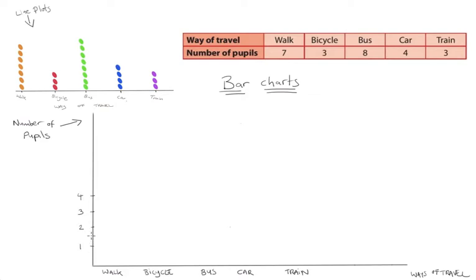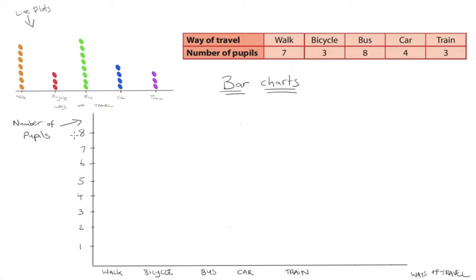Again, if you have graph paper, you'll be able to do it really neatly, but space them out a bit. So 1, 2, 3, 4, 5, 6, 7, and 8. The most amount we have is 8, the highest number, so I only went up to 8 here.